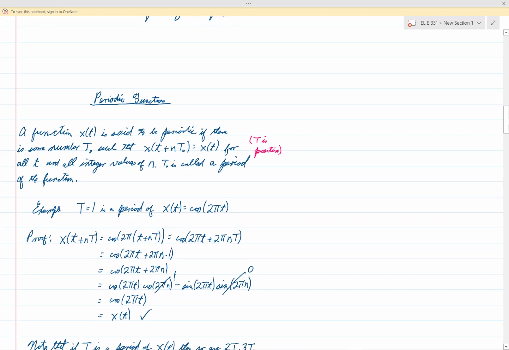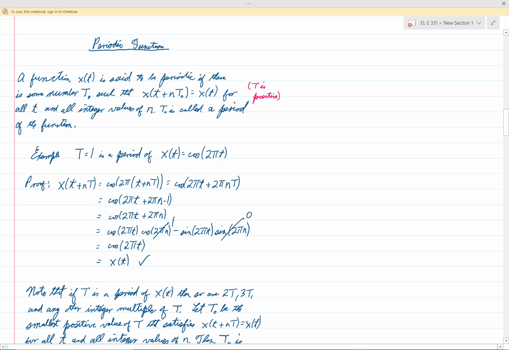So now we'll begin to talk about periodic functions. A function x of t is said to be periodic if there is some number t naught such that x of t plus n t naught is equal to x of t for all t and also for all integer values of n.